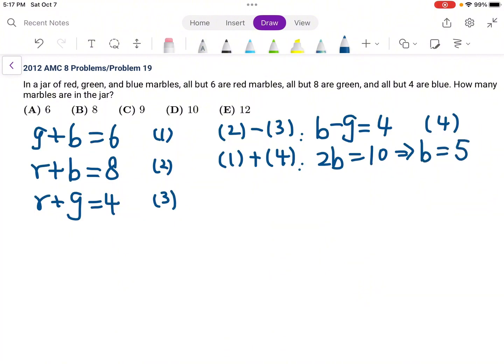So we substitute b into equation 1, we can get green equals 1. And we substitute b into equation 2, we can get r equals 3. Therefore, we use 5 plus 1 plus 3, and there are a total of 9 marbles in the jar. The answer is C.